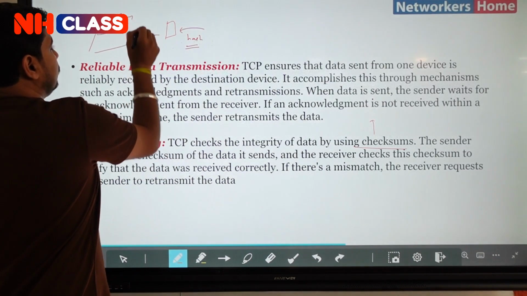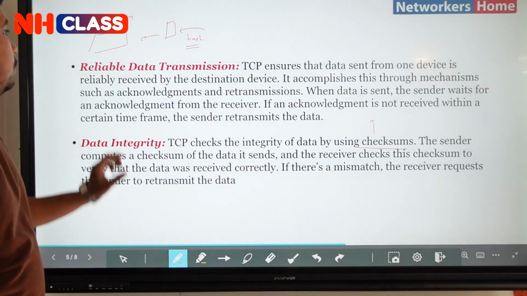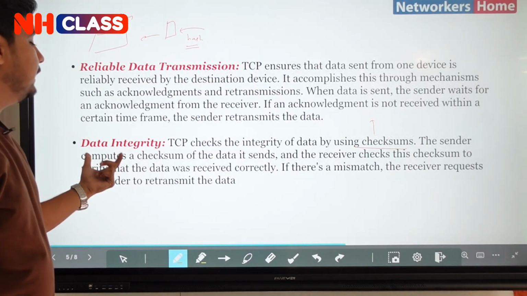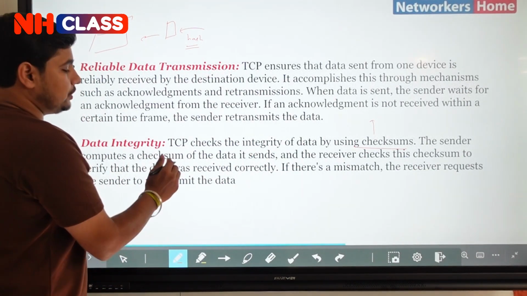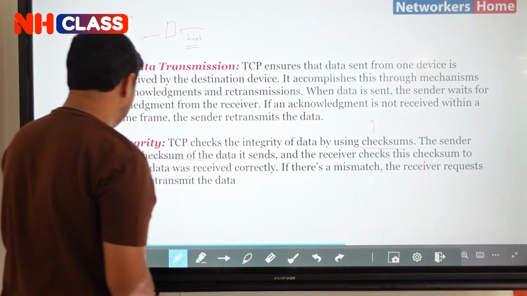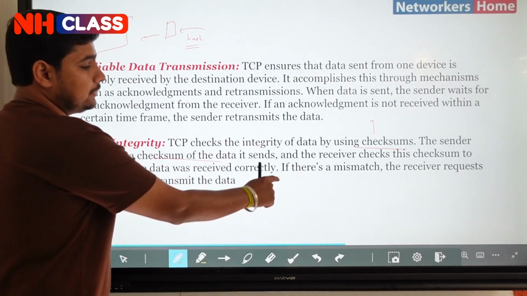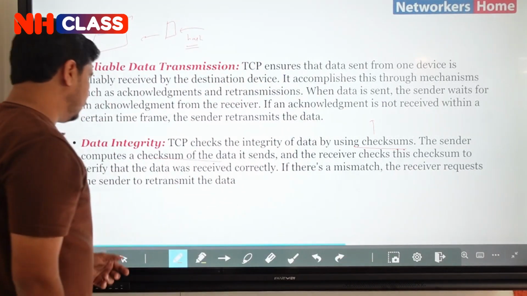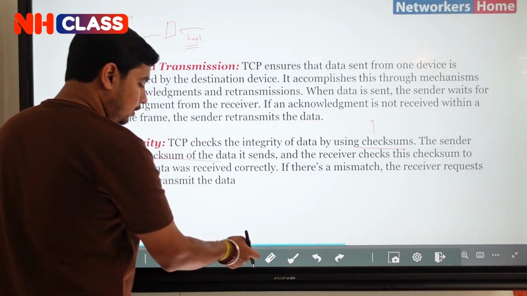This checksum value helps us with data integrity. The sender computes the checksum of the data and sends it, and the receiver checks the checksum to verify that the data was received correctly. If there is a mismatch, the receiver requests the sender to retransmit the data.